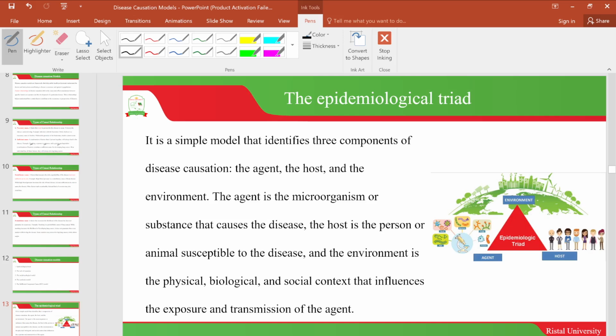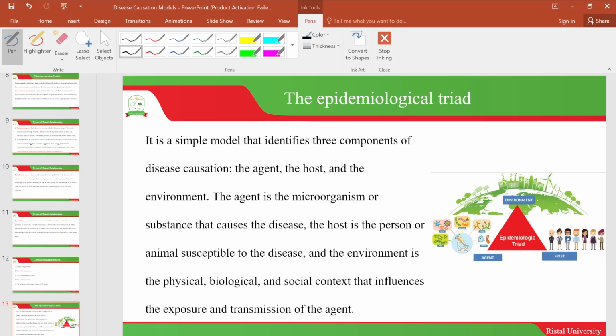You may not necessarily focus on our environments per se, but the environment where the agent also stays, because we are basically sharing the same environment with the agent, the host and the agent in the same environment. The habitat will be different, but basically the environmental conditions are the same.